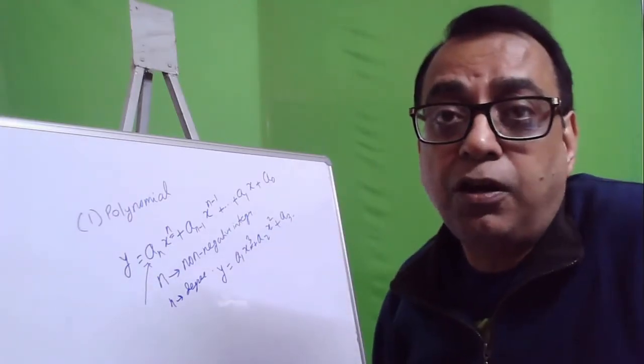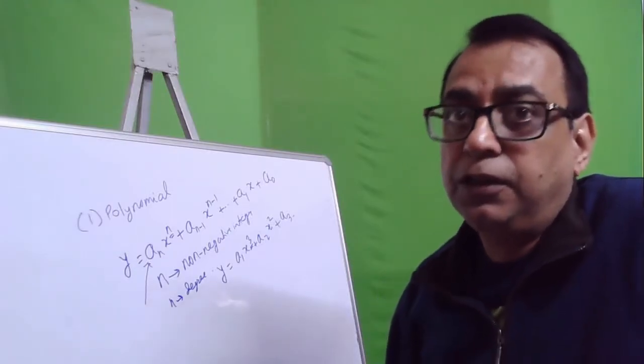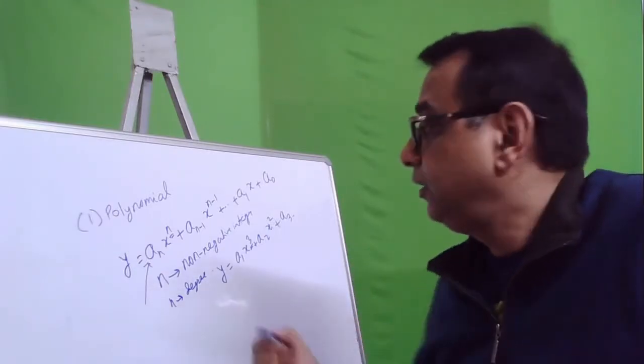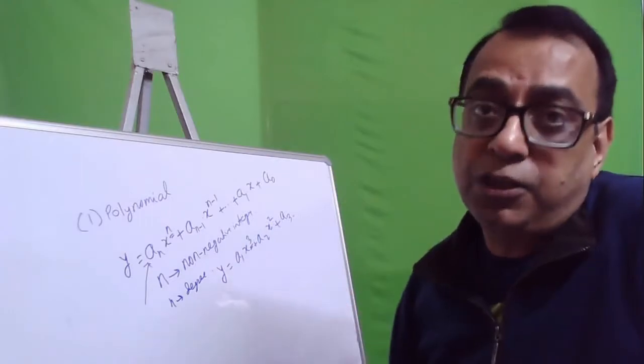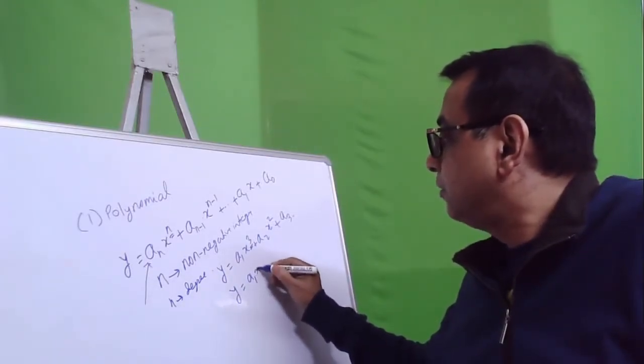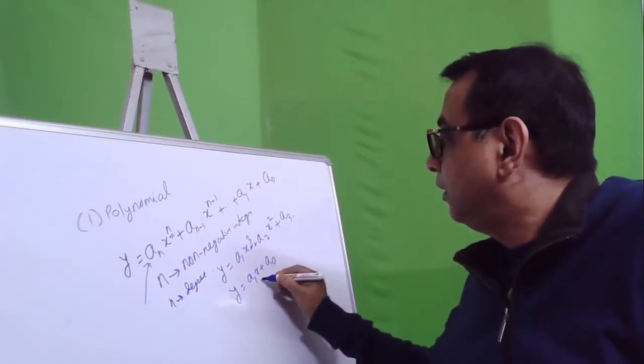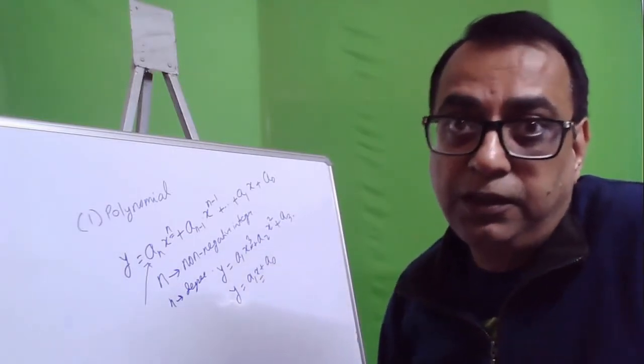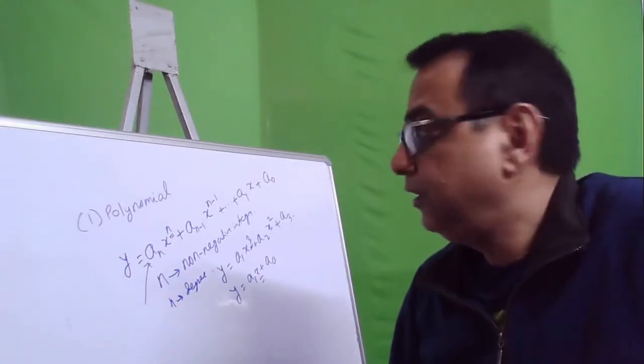So this is called a polynomial of degree 3. If you have something like a1 x plus a0, the highest power is 1 here, so it becomes a linear equation.